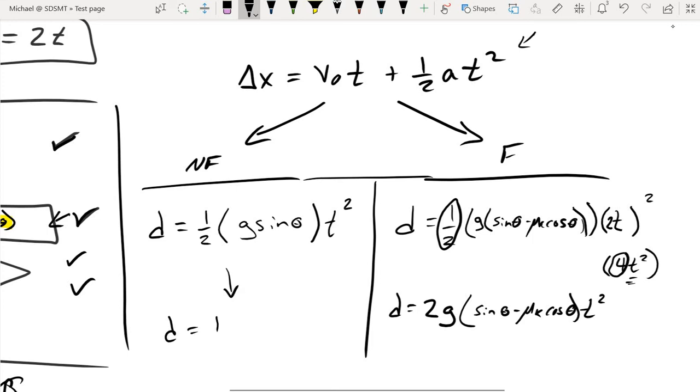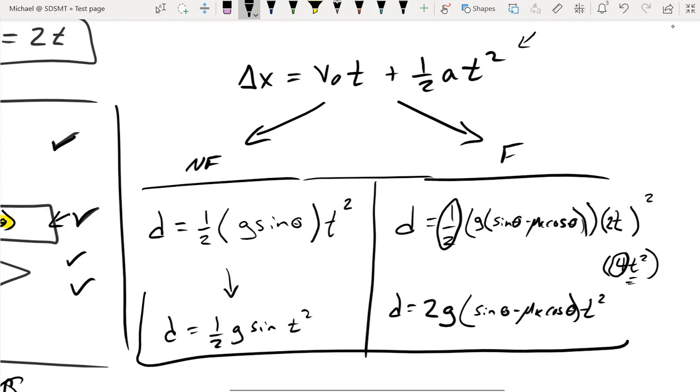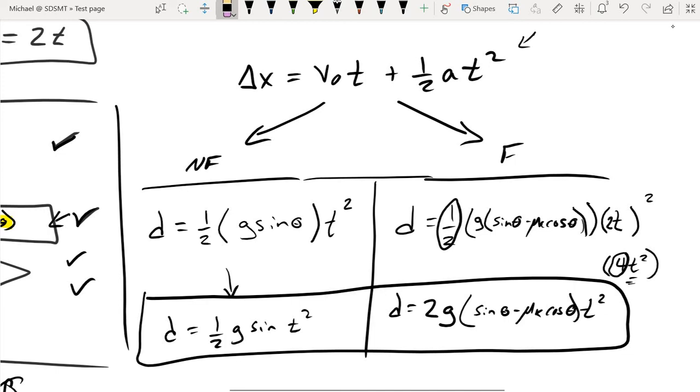From the non-friction case, we have 1/2 g sine theta t squared. And now is where our life is going to get so much better, because each of these equations is equal to the same displacement value, d, which means we can set these equations equal to each other, because d has to equal d.